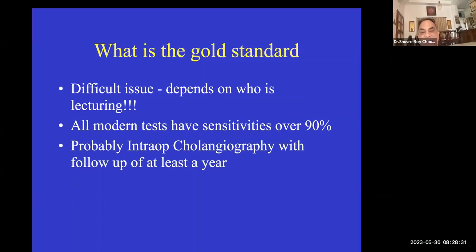It depends upon who is lecturing. A very good gastroenterologist will convince you that ERCP is the gold standard. It is not. EUS perhaps is the gold standard, but when the duct is seen. And of course, like in any gold standard, we talk about follow-up: for the one that was negative, was it truly negative?